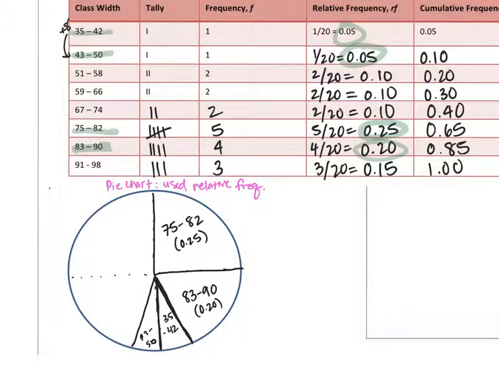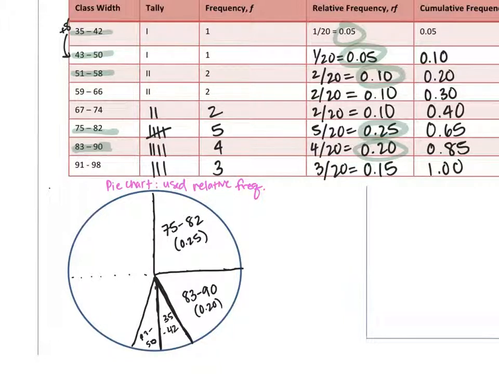All right, let's see what else do we have next. If I took about 5% off of this 25%, that means that this portion right here is worth 20%. So since I have so many 10% here, this is 10% from 51 to 58.